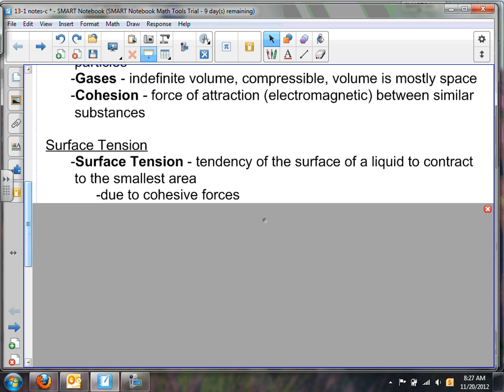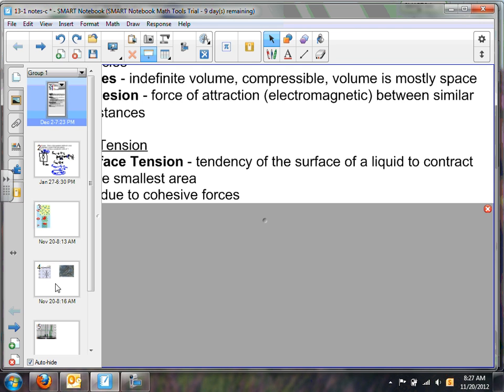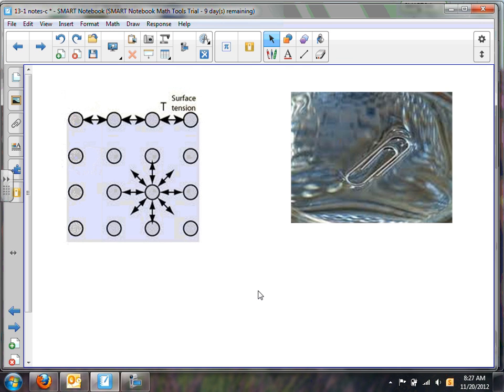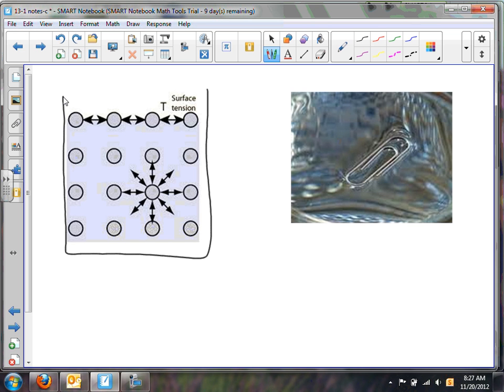However, it's really the fact that there's a net downward attraction only at the surface of a molecule. So if we look at these diagrams, if this is a beaker of water, every water molecule below the surface is attracted upward.